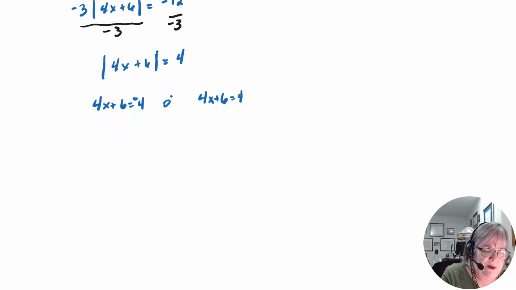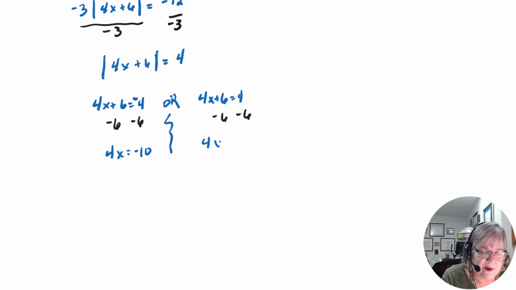So we're going to do an or on both of these and treat them separately. So we would subtract 6 from both sides. And I'm going to work this one on this one so I don't have to change pens again. So I'd have 4x is equal to -10, or 4x is equal to -2.